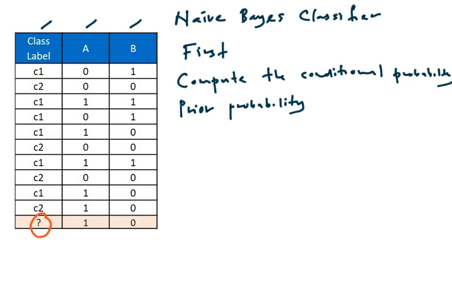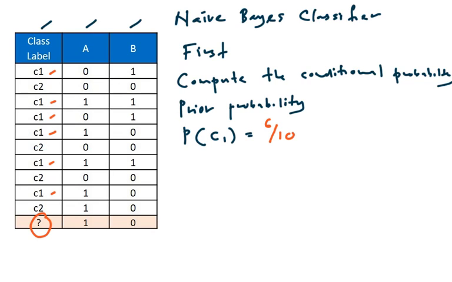So let's say you need to find the probability of class C1. Just count how many C1 we have: 1, 2, 3, 4, 5 and 6. It's going to be 6 over 10.